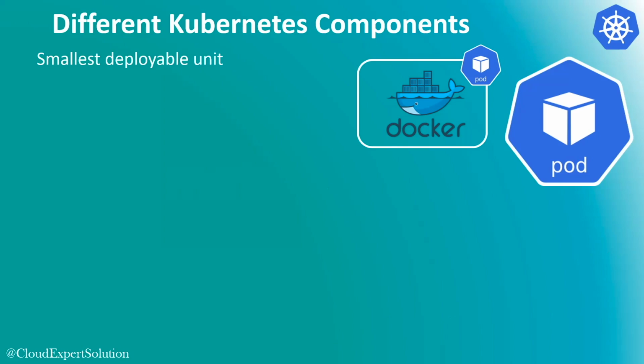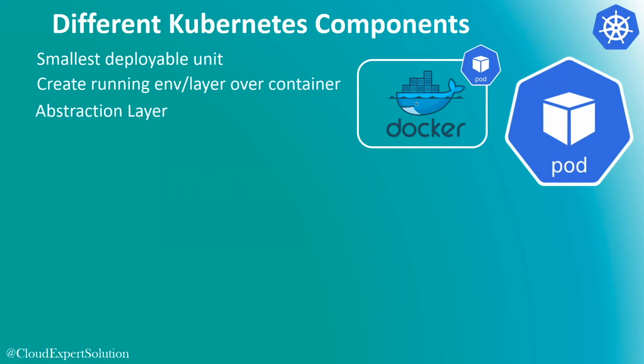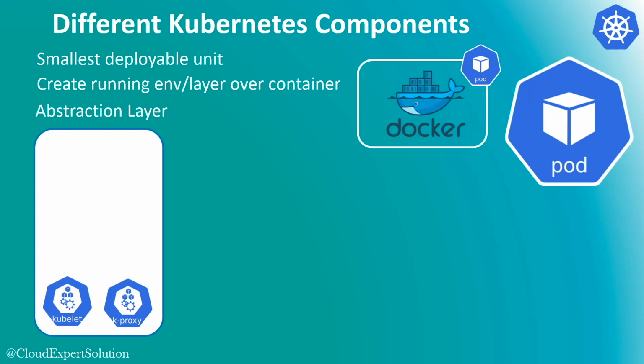We just interact with the Kubernetes control plane to manage our containers. And this Kubernetes pod creates a running environment or layer over the container. As I mentioned, it is an abstraction layer that abstracts the implementation of the container, and you can run those pods in a Kubernetes worker node.